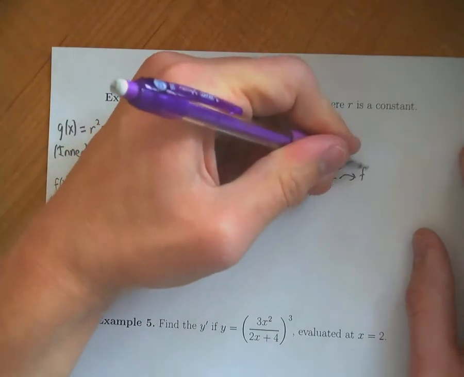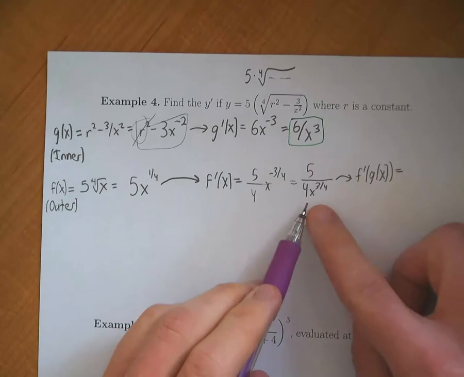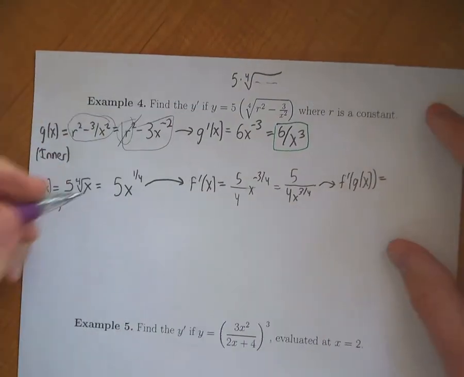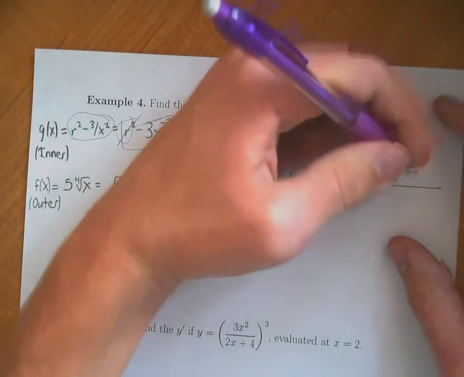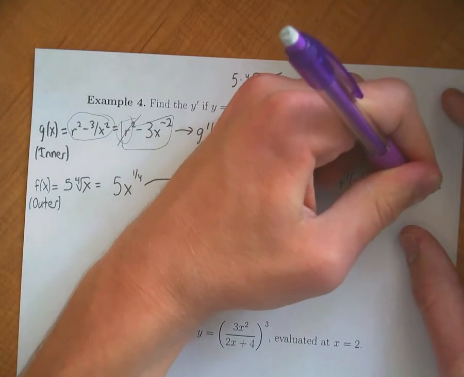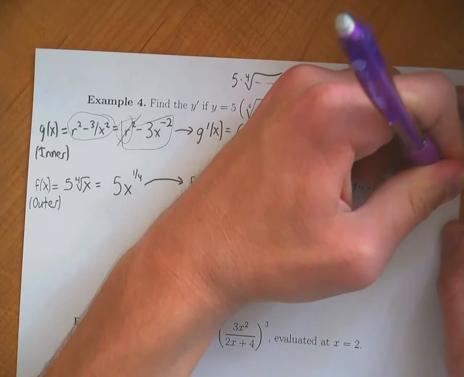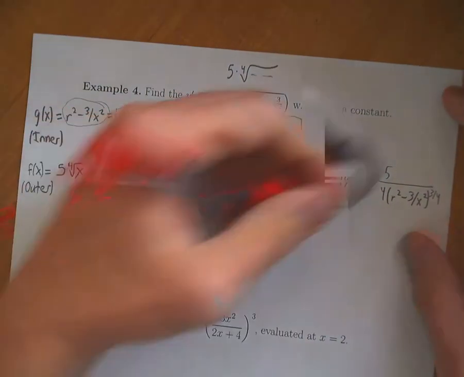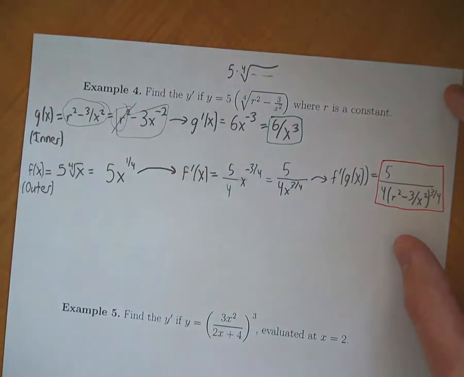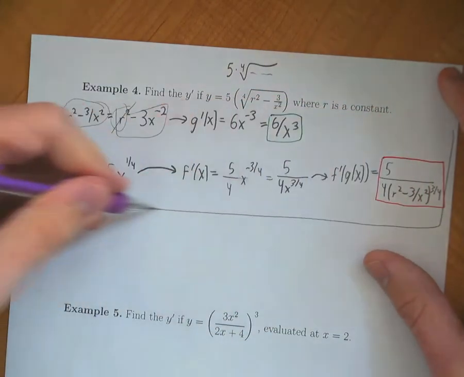So then f prime of g of x, well, just replace x here with g of x. So here, we have, in this case, 5/4 times g of x, which is r squared minus 3 divided by x squared to the 3/4. And in this case, this would be your f prime of g of x. Okay. So roadmap is now established.